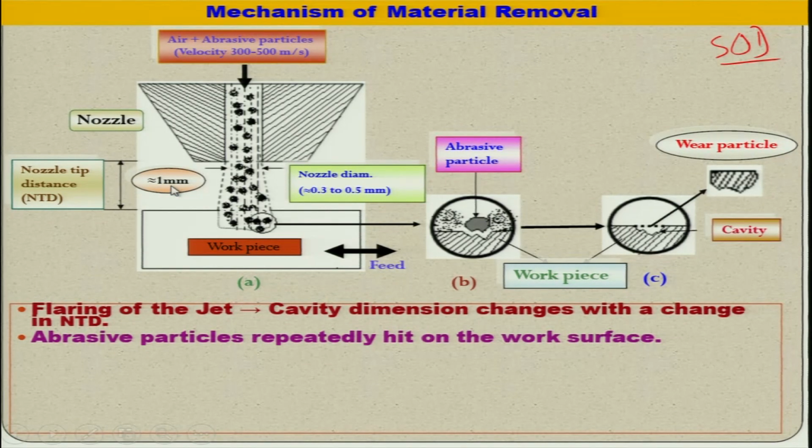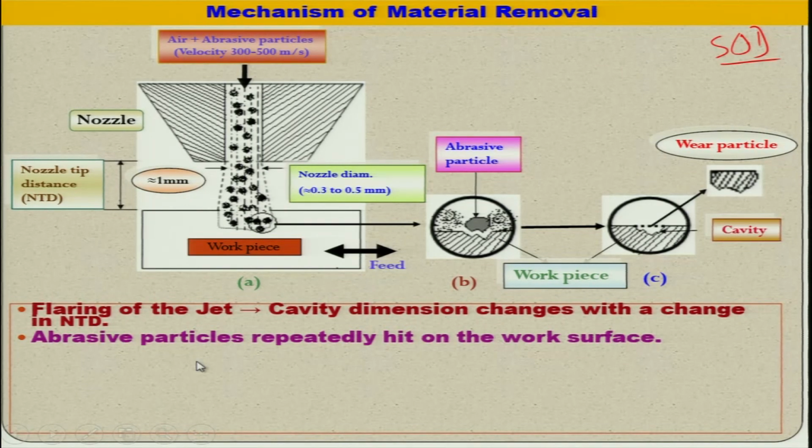For the case of macro machining, I am talking about macro, not micro, at that time you can keep around 1 millimeter as the standoff distance if you really want a very accurate cavity to be machined. If it is micro machining, then the standoff distance should be much lower than 1 millimeter itself, and due to the flaring the cavity dimensions change with the change in NTD, nozzle tip distance or standoff distance.